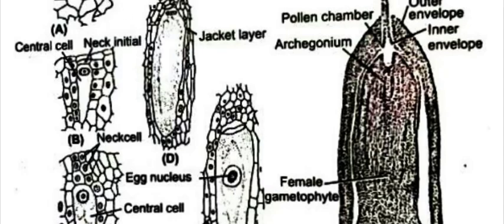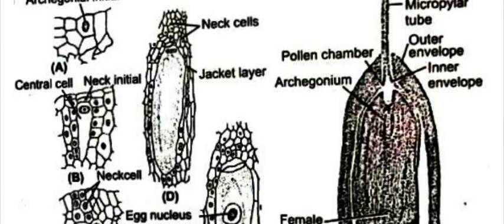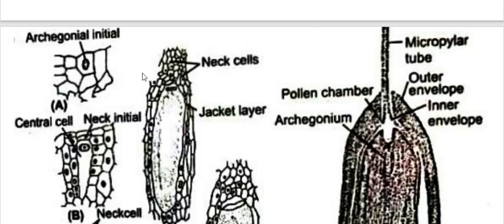This is the archegonial initial. And this archegonial initial cell divides by periclinal division to produce two cells, the primary neck cell, and the lower one is the central cell.